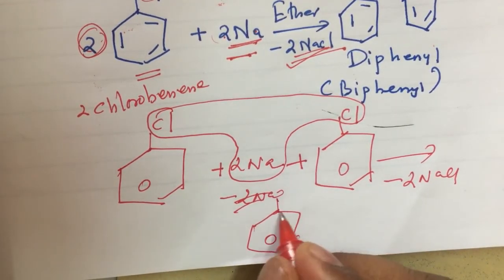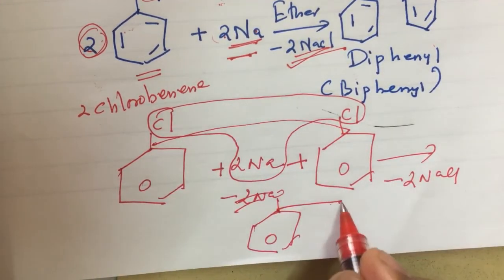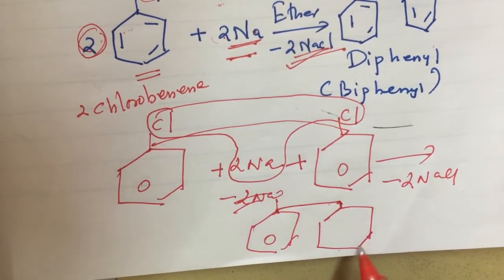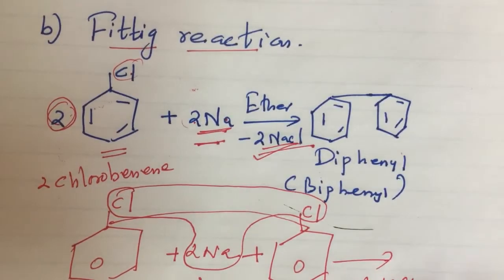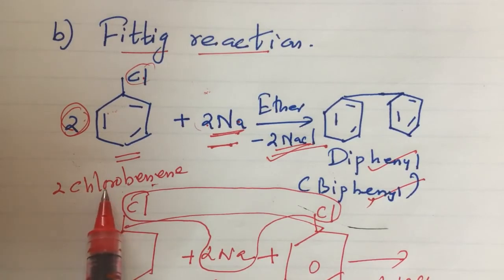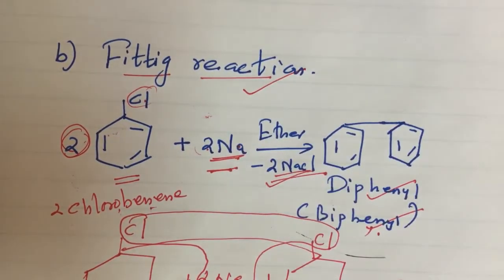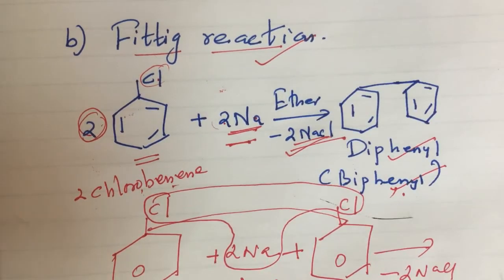These two are connected to form another benzene ring. This is the product, and that product is called diphenyl or biphenyl. How to convert chlorobenzene into biphenyl? Use the Fittig reaction. Clear?